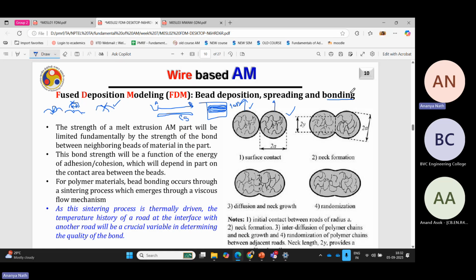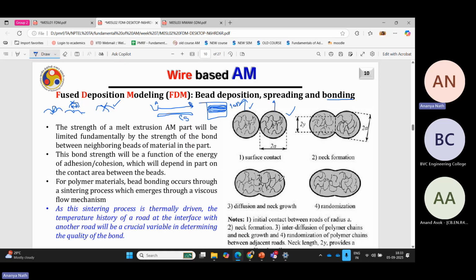Now we are talking about bonding. We are talking about two droplets. In the case of metal extrusion, the thing is different from plastic extrusion. Because in plastic, a polymeric reaction is happening, while in metal, an atomic bond is happening.